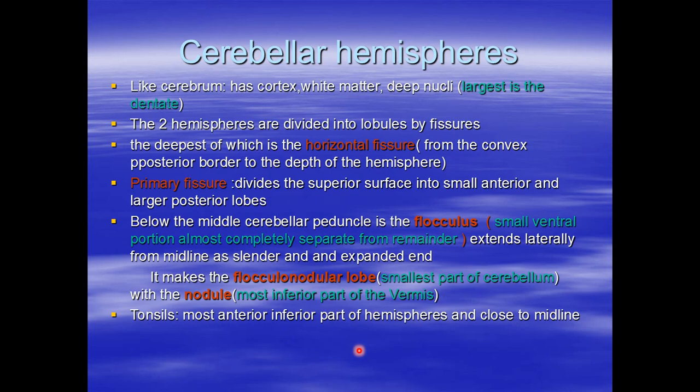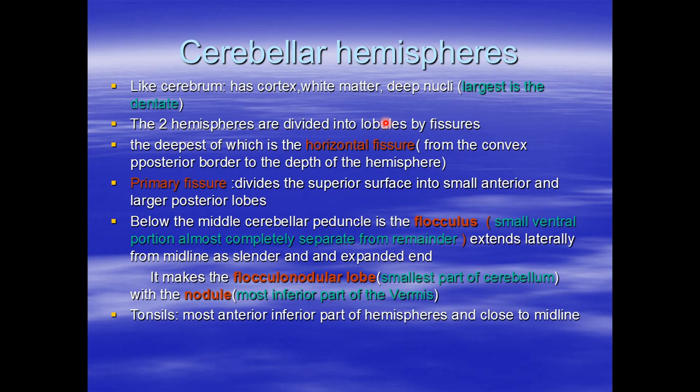Like the cerebrum, the cerebellar hemispheres have a cortex, white matter, and deep nuclei. The largest nucleus of the cerebellum is called the dentate nucleus. The two hemispheres are divided into lobules by fissures, just like the cerebrum. They have many similar aspects.